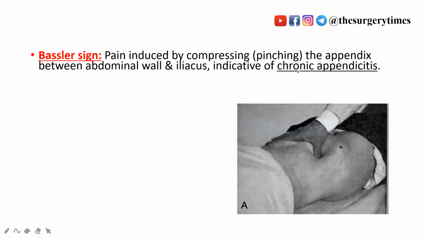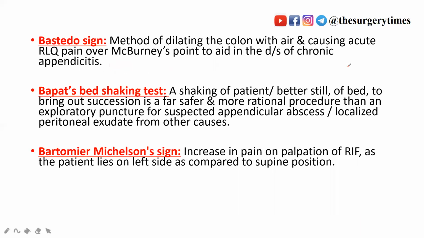Next is Bachelor sign. Pinch or compress the appendix between the abdominal wall and the iliacus. Just pinch or compress the abdomen over the right iliac fossa, and if pain is present, it indicates appendicitis, and it is mainly positive in case of chronic appendicitis. This is Bachelor sign.